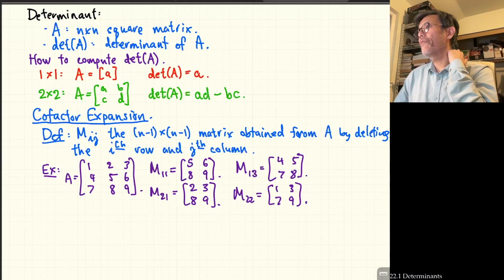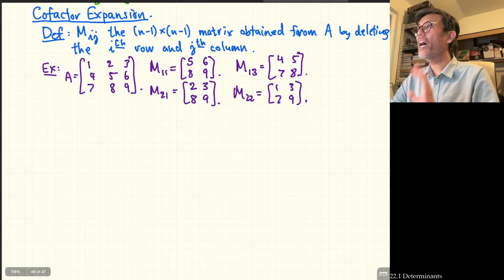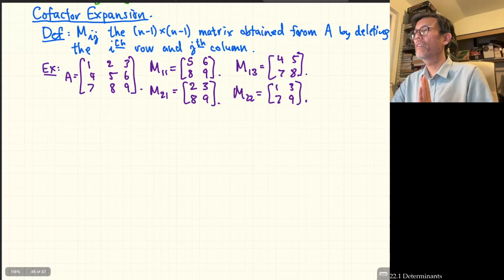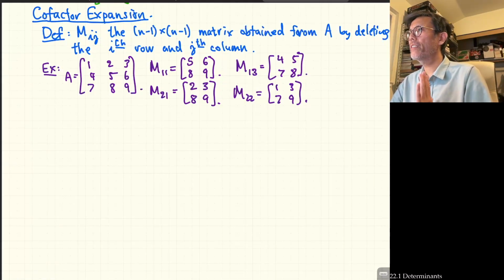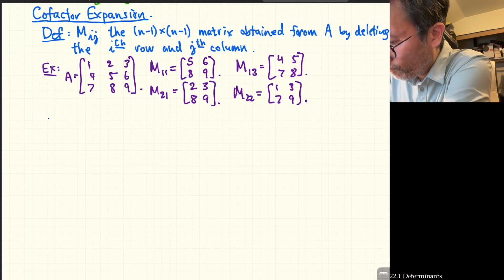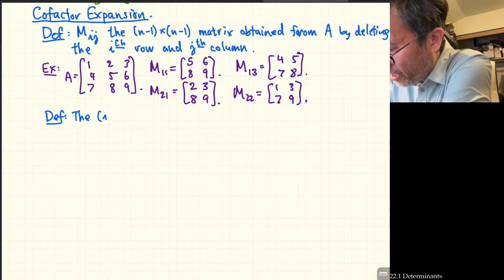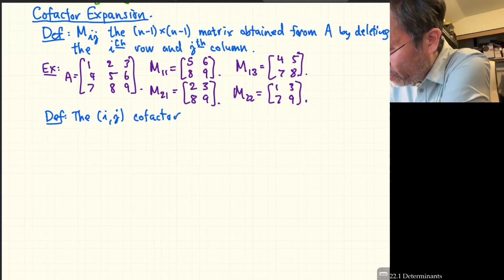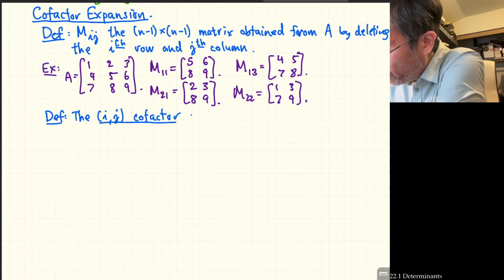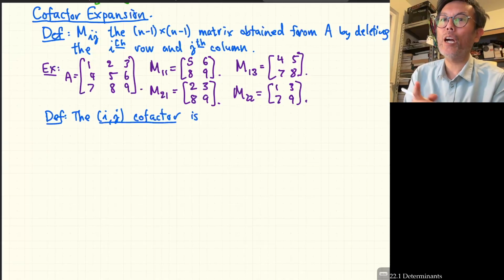We are going to define the ij cofactor. The i, j cofactor, this is the notion I'm defining here, is, and did I say this was computationally intensive?